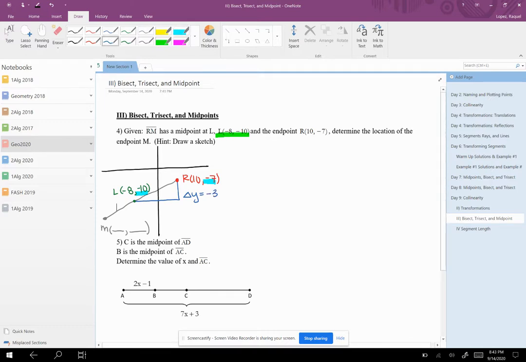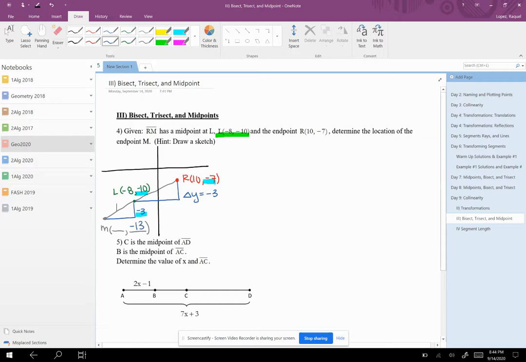It went down 3. So to find the y coordinate of the other endpoint, I'm going to go down 3 from -10. So we're going to do -10 minus 3, and that's going to give me -13. So the y coordinate for my endpoint is -13.